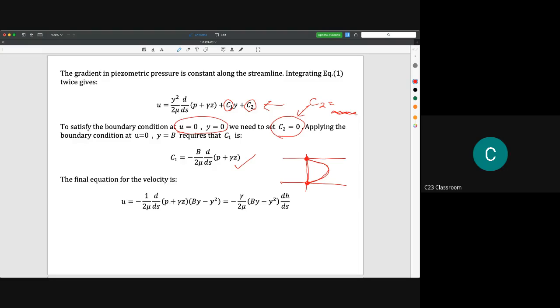Previously in chapter 1, we did calculation with one condition of slip condition, meaning we assume that the molecules do not stick on the surface, so the molecules move at a certain velocity. We had that condition and that calculation.